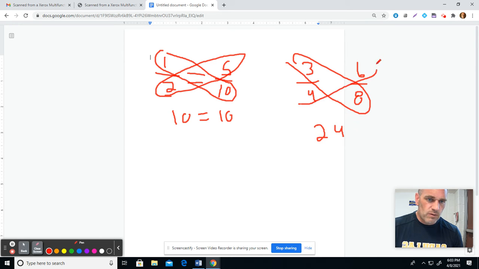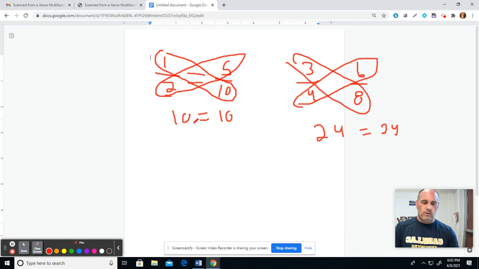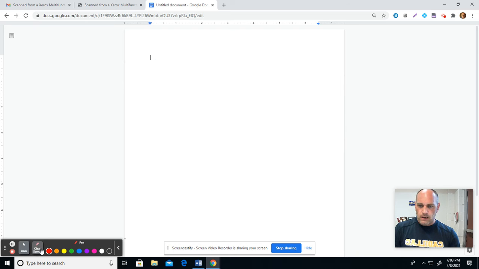If I cross multiply this way, 6 times 4 is 24, and they are equal to each other. So that's why what I'm about to show you works. This idea that a ratio compared to another ratio, if they're equal, then when I cross multiply, they'll always equal each other.